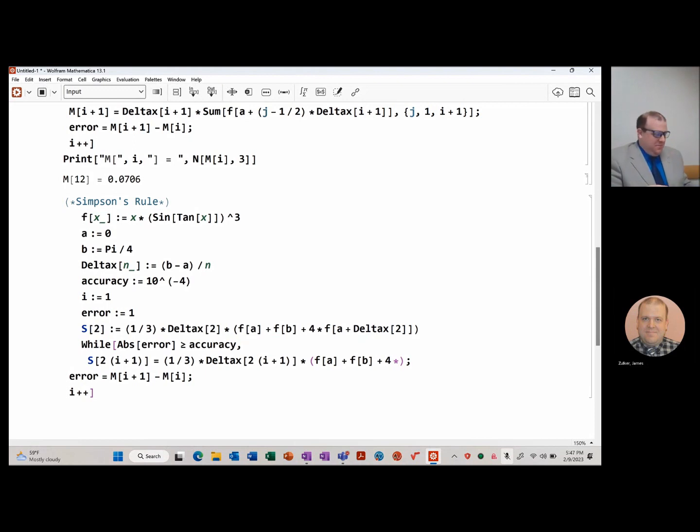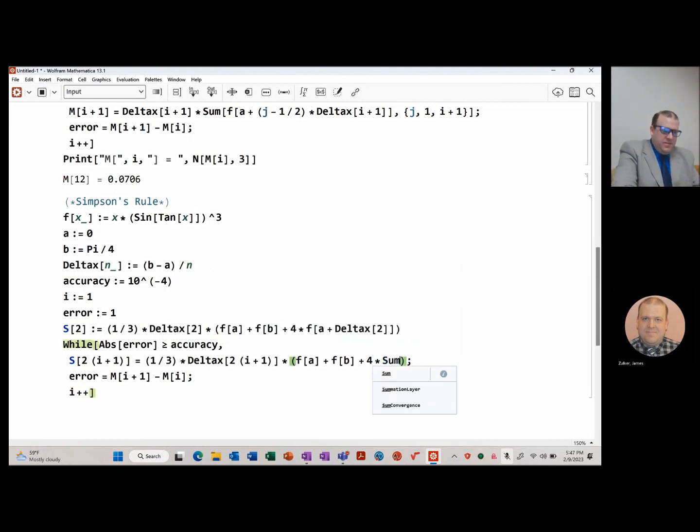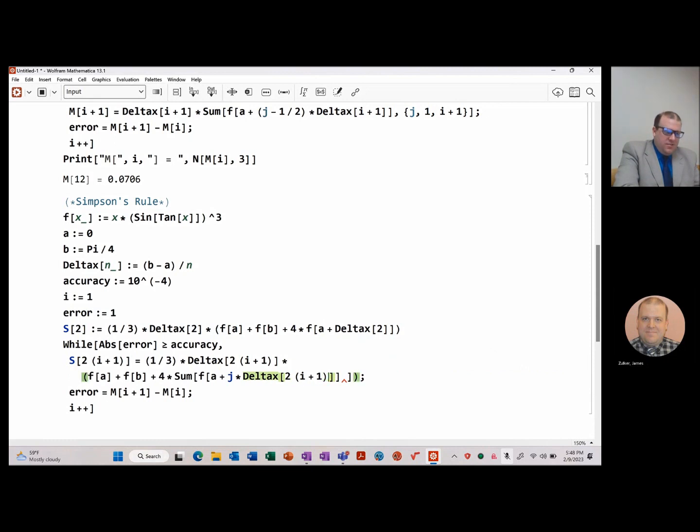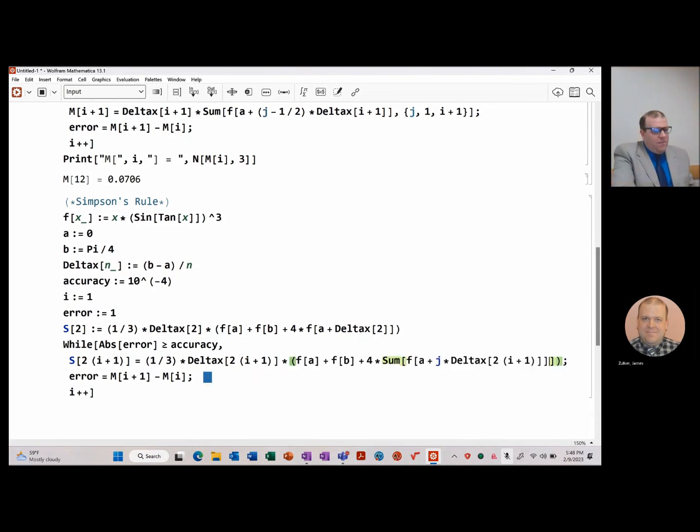So let's look at those first. 4 times some summation. Definitely going to be of F. It'll be A plus J times delta X of the same thing. That should be good.